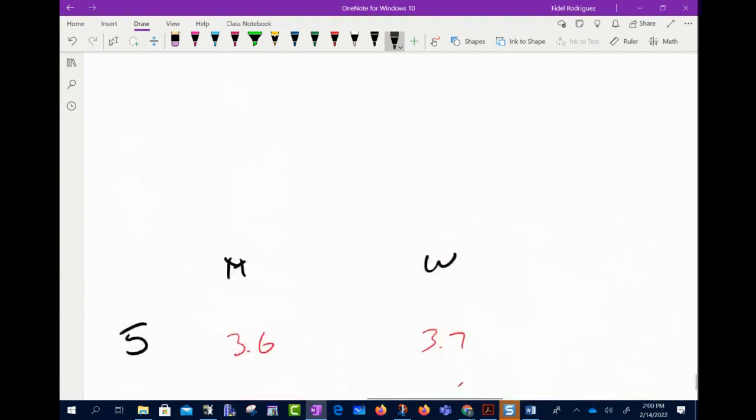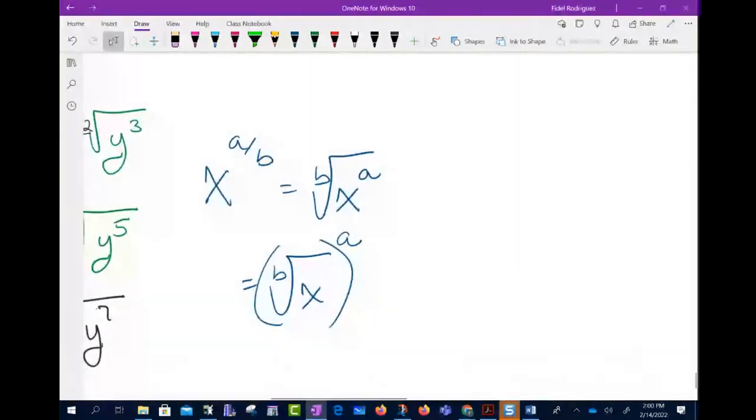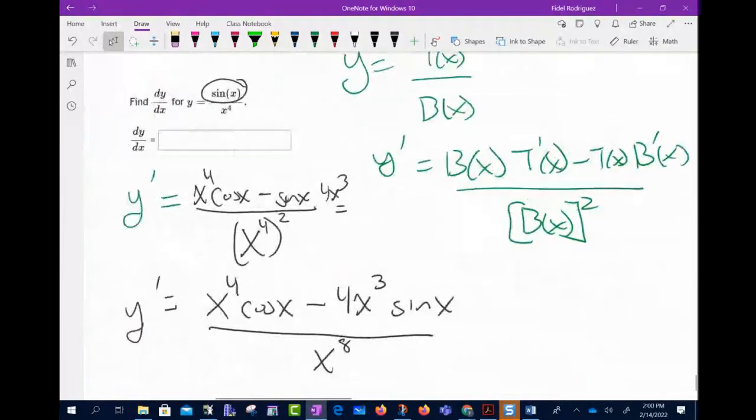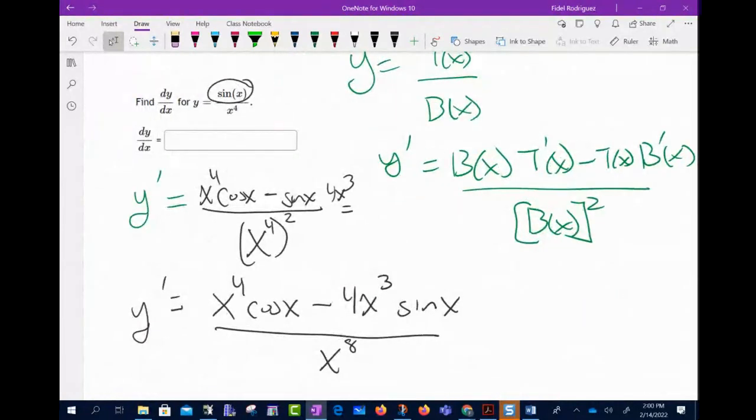So, like the problem that we did a little while ago, I don't know where I put it. Here we go. We did this problem here, right? Now, when you're taking your quiz, it may say find dy/dx for y equals cosine of x to the 5th.